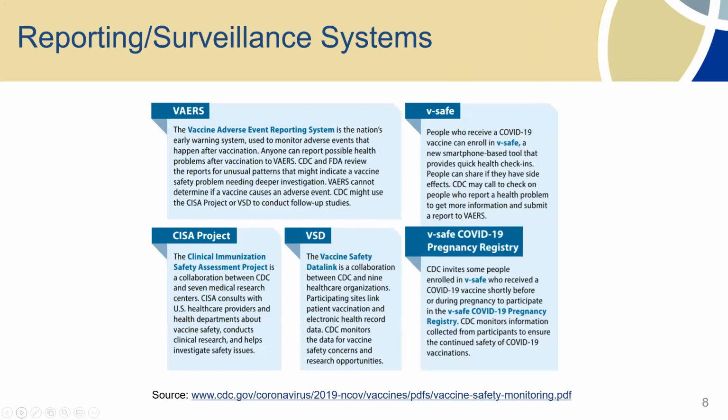The one I mentioned earlier, VAERS, and then there's some subsets of that, where VAERS data is used and then matched up with some of these other reporting and tracking systems like the CISA project and the VSD Vaccine Safety Datalink. And then many of you may have heard of V-safe, which was started with COVID-19 vaccines. And it's a system where patients can report their side effects that they may be experiencing from COVID-19 specifically.